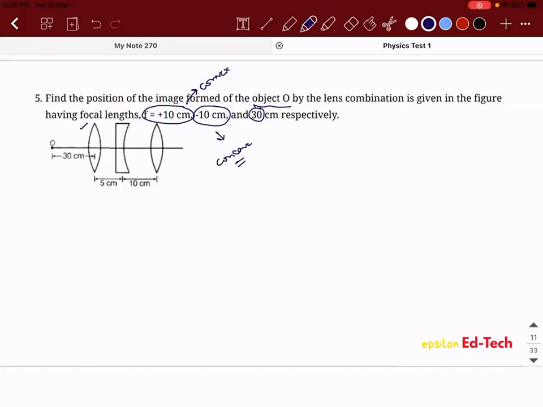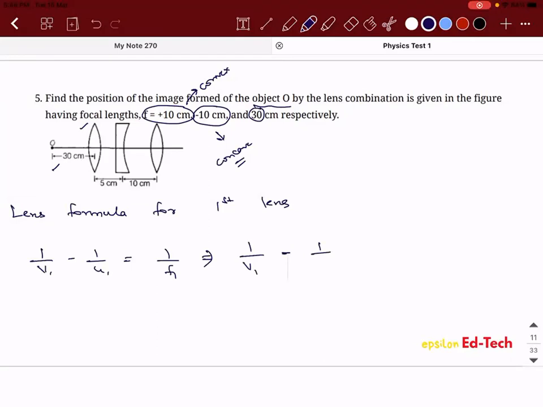Now listen, the job is very simple. Due to the first lens, find out where the image is formed. Applying the lens formula for the first lens: 1 by V1 minus 1 by U1 is equal to 1 by F1. So 1 by V1 minus 1 divided by U1, which is minus 30, is equal to 1 divided by F1, which is plus 10.